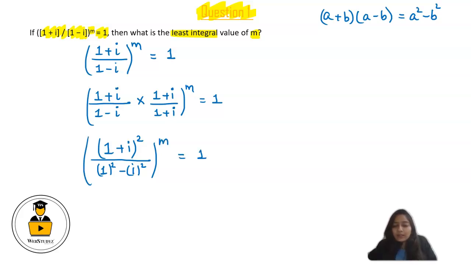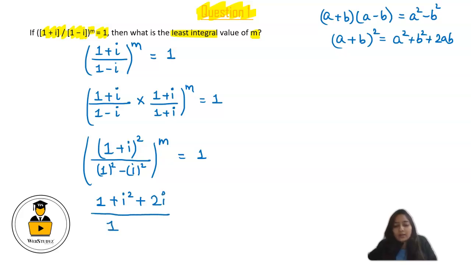In the numerator we use the identity (a plus b) whole square, which is a square plus b square plus 2ab. So we have 1 square, that is 1, plus iota square plus 2 multiplied by 1 and iota, that is 2 iota. In the denominator we have 1 minus iota square, and iota square is minus 1, whole raised to the power m.